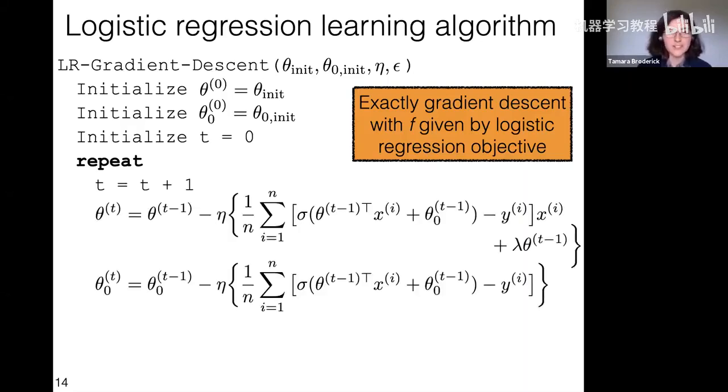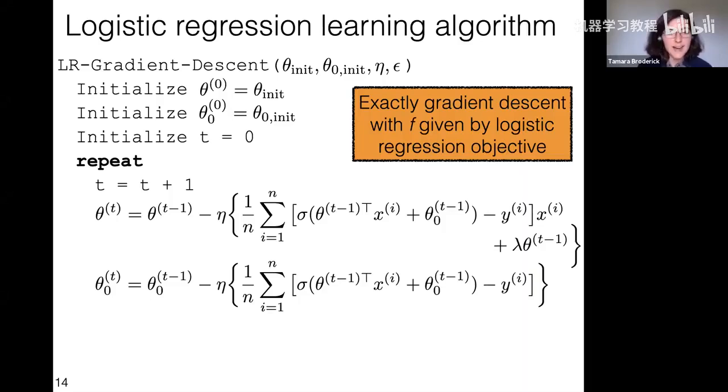This looks pretty crazy. If you just saw this, you'd be like, whoa, math, what happened? But the reality is you take the logistic regression objective, you take the gradients, and you just stick them in. If this looks like a lot, the best thing you can do is go home, sit for a moment, and derive the gradients in logistic regression, and make sure this just pops out for you, that this is exactly what you get.